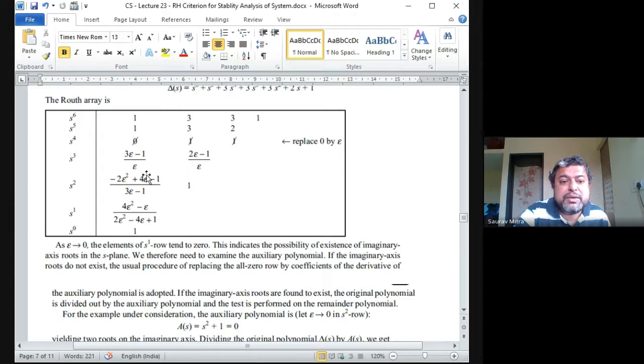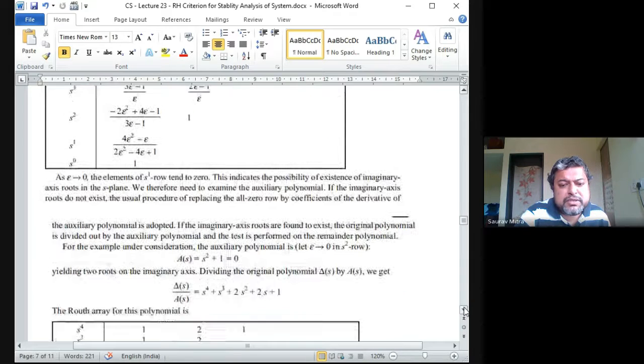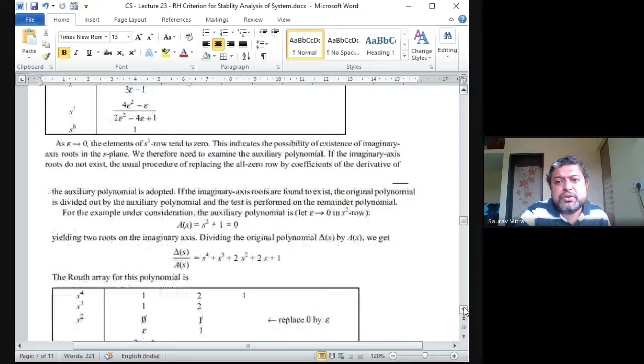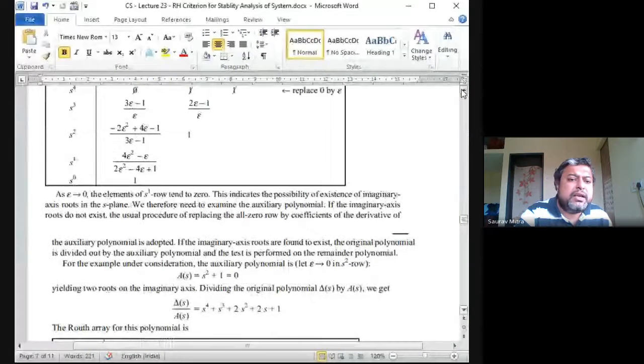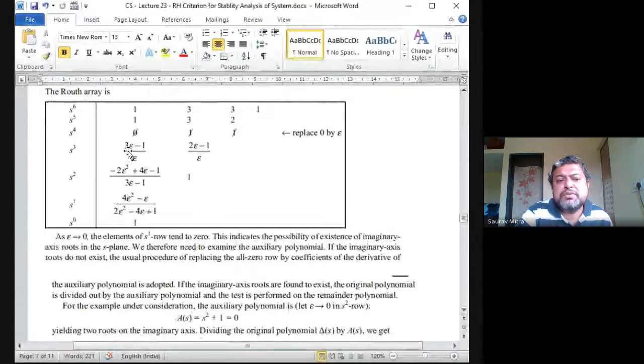They have given the logic somewhere below. You just have to say that if epsilon tends to 0, then 3 epsilon tends to 0, and in that case this term is going to be negative. That means there is one sign change at minimum, which means the system is unstable.